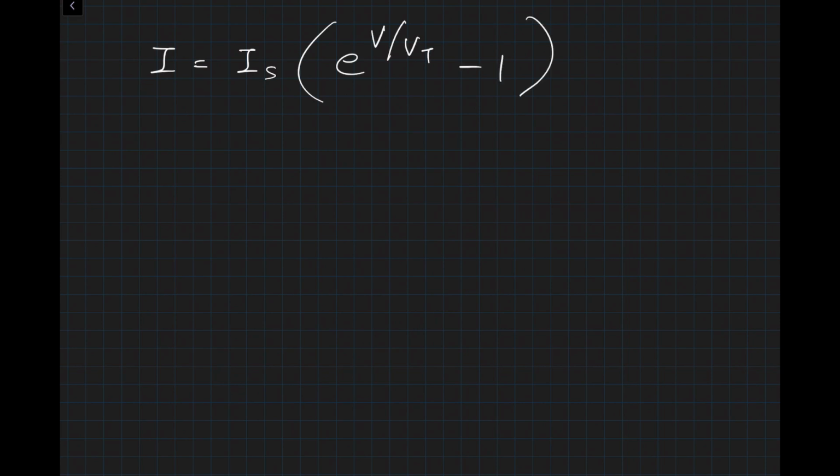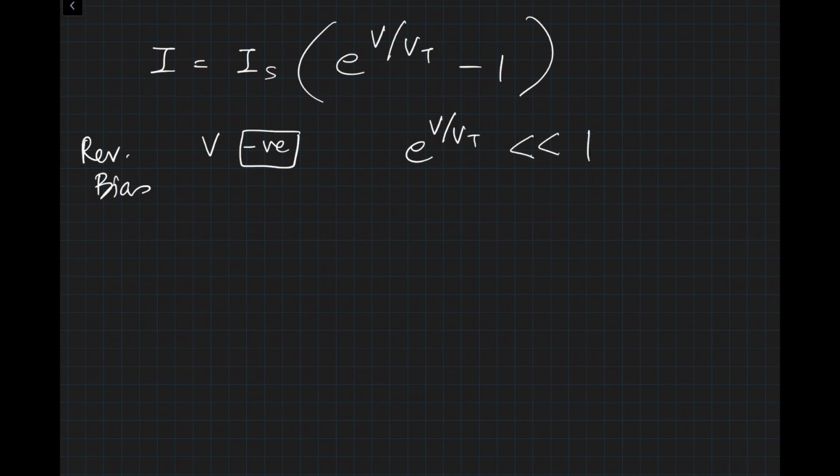If V is negative, which means we are in reverse bias condition, then e to the power V divided by Vt will be much less than 1, and in that case your current I will be equal to minus Is, and that would be your saturation current.